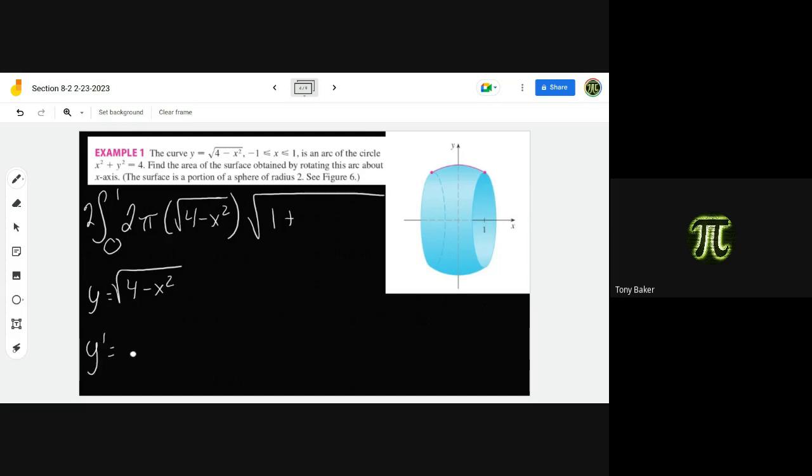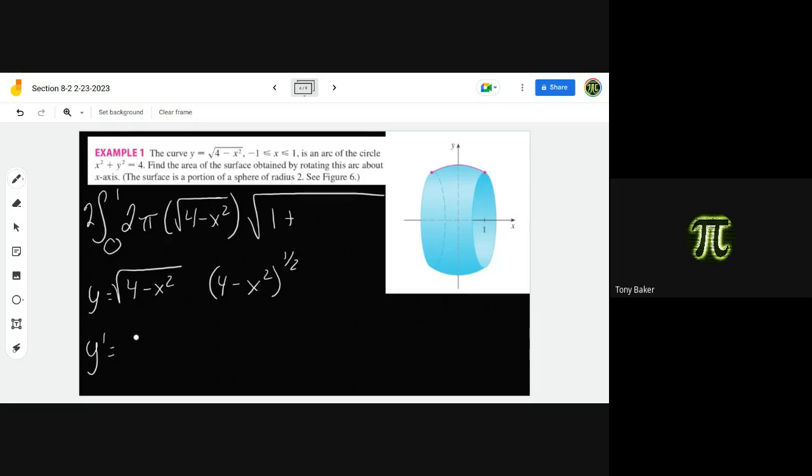So how do I find the derivative of that? Is that trig sub? No, that's if we're going to do the integral. Derivative, we have to do the chain rule for this one. So I can change this to 4 minus x squared to the 1/2 power.